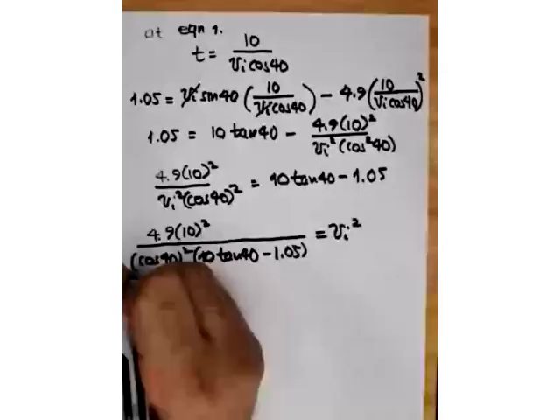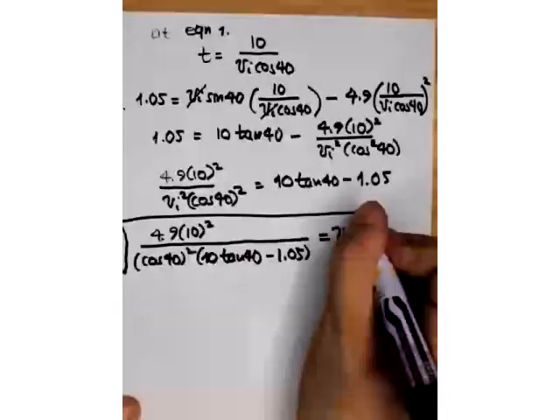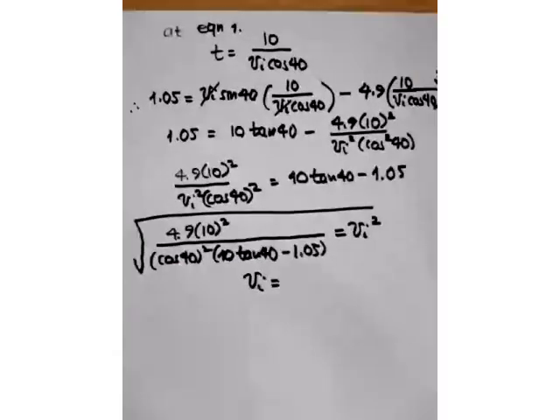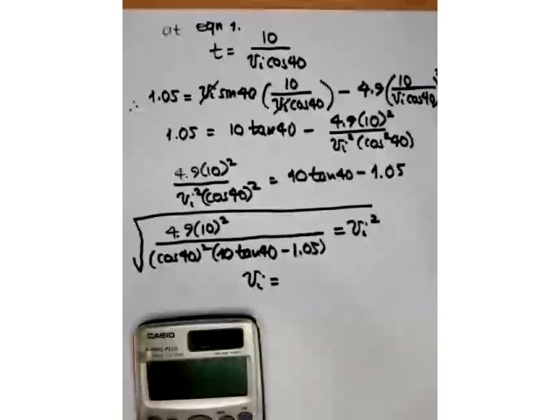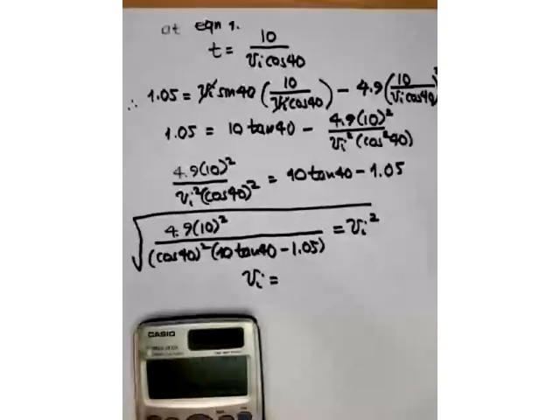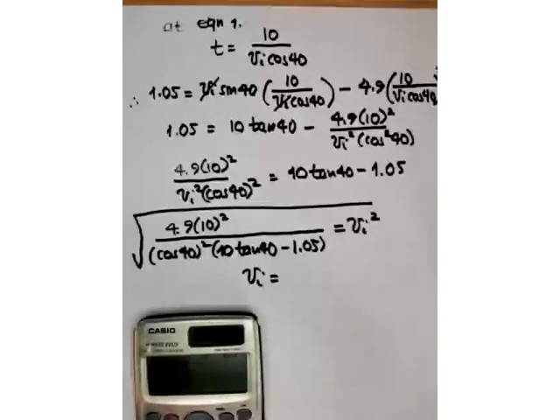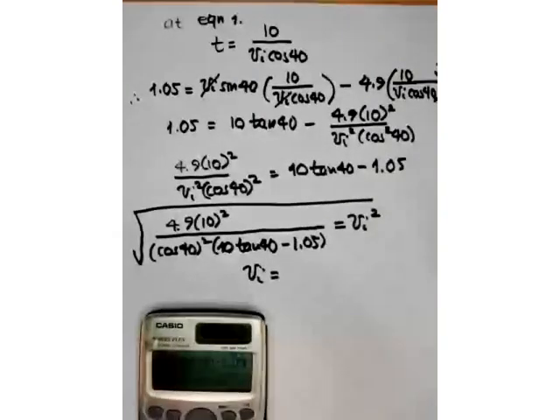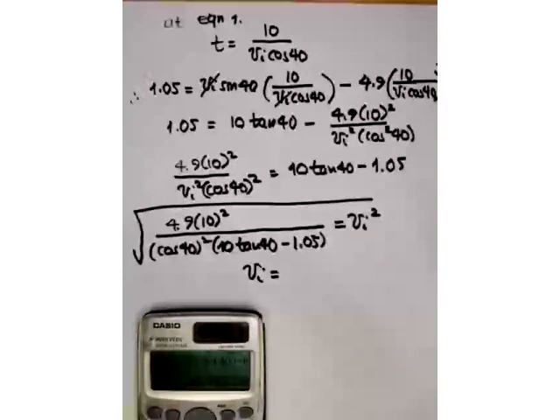Then take the square root of both sides. So what's our VI? That's 4.9 times 10 squared divided by cosine 40, then square root.